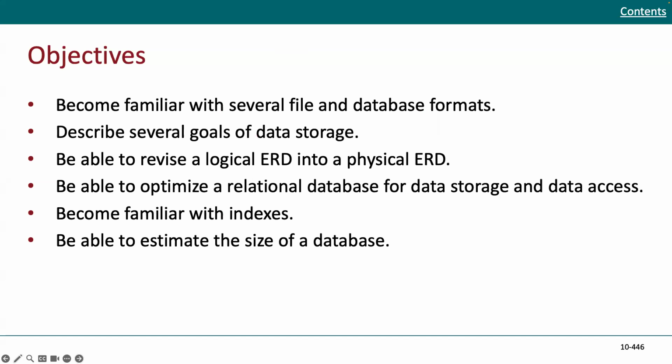The process of revising the logical data model into the physical data model is then outlined because one of the most popular data formats today is a relational database. Optimization of relational databases from both storage and access perspectives is also something that we'll talk about.